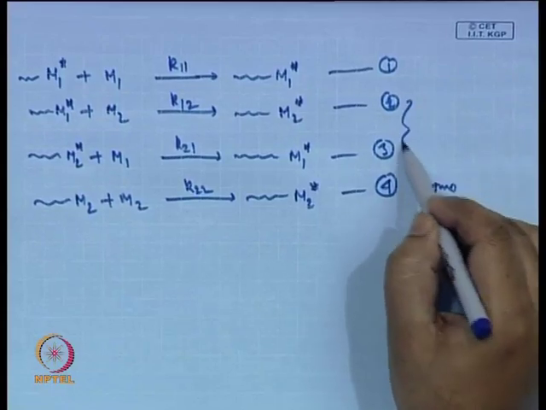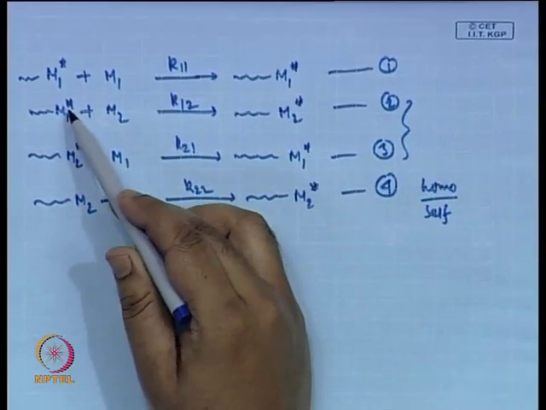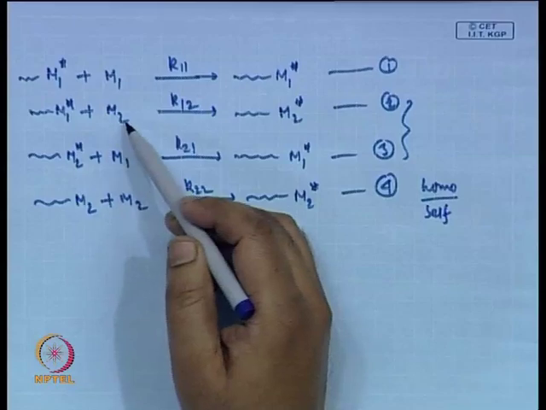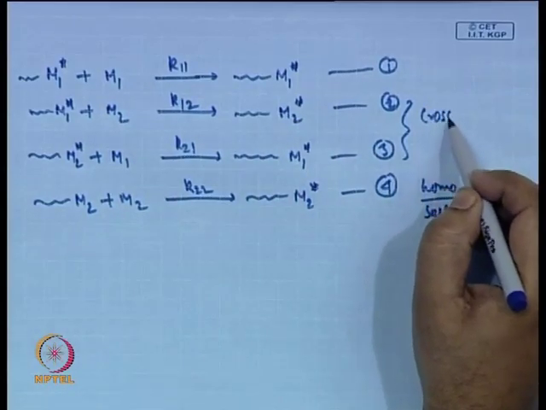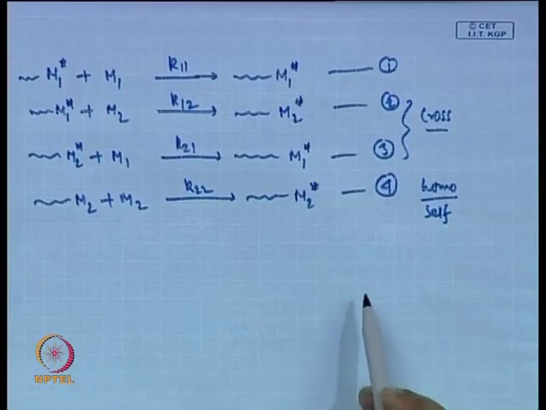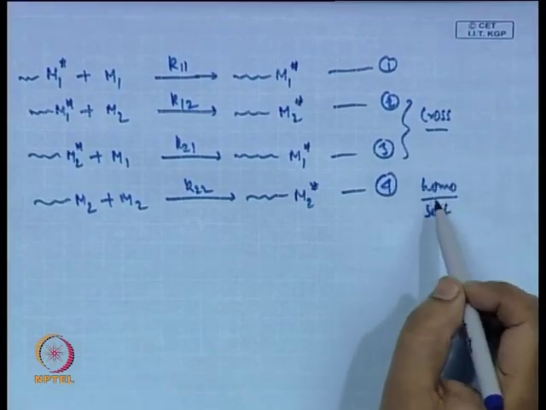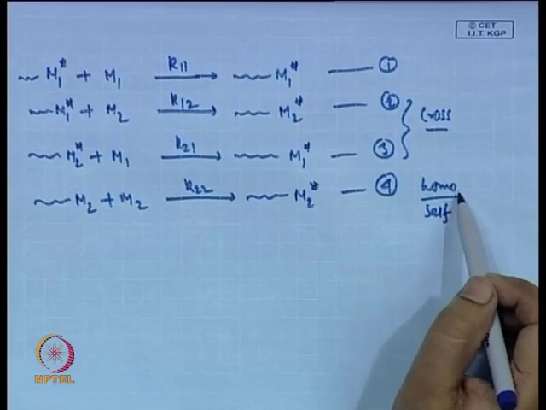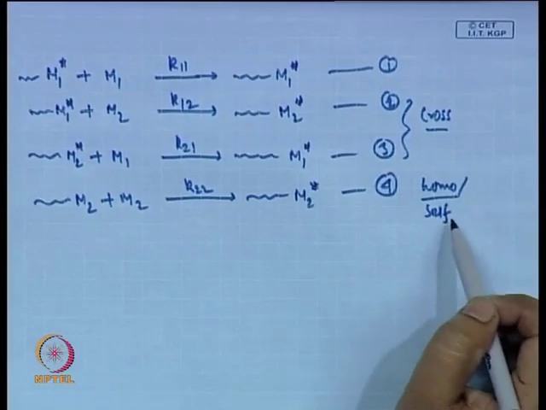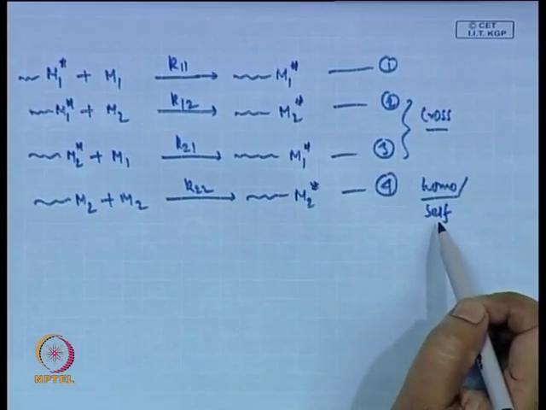And these two, where the M1 unit is reacting with M2 forming M2, are cross propagation reactions. These two are cross propagation reactions, and 1 and 4 are homo or self propagation reactions.